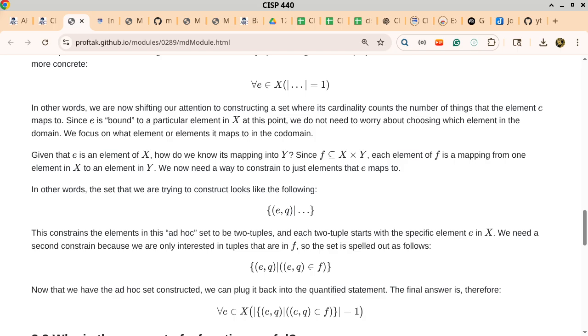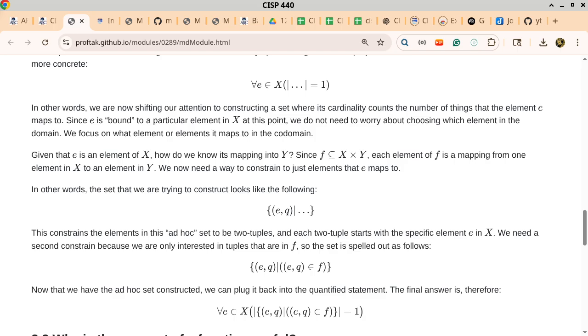Okay, so this is the set where I need its cardinality to be one. So altogether, everything combined is now saying for every element E in what we think should be the domain, the mapping specified by this particular set F to the codomain, there can only be exactly one thing in the mapping.